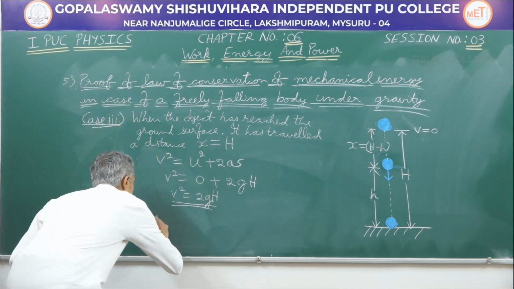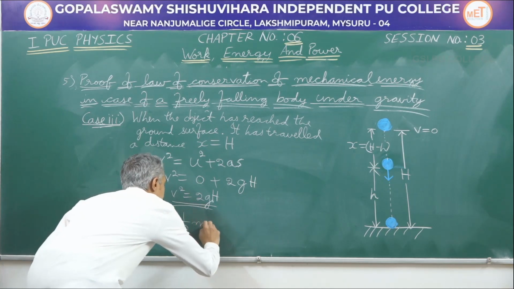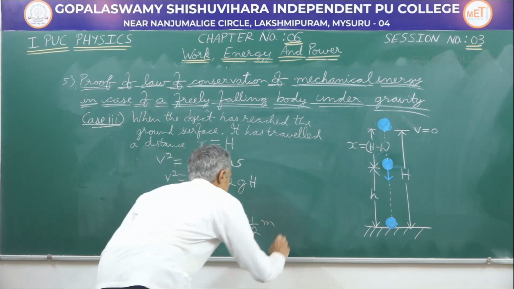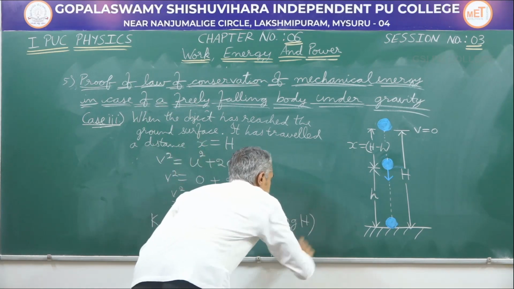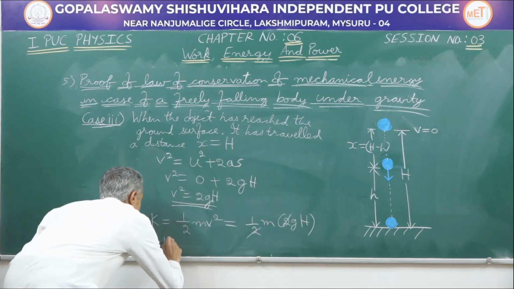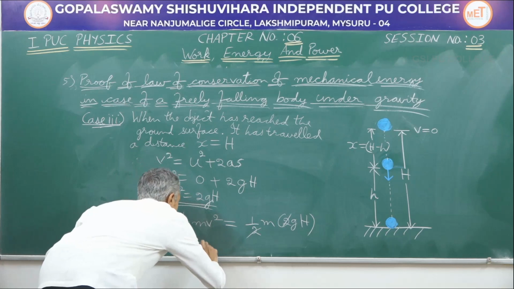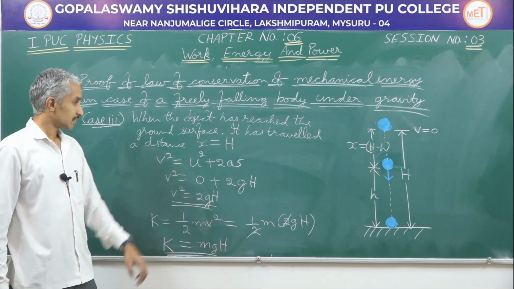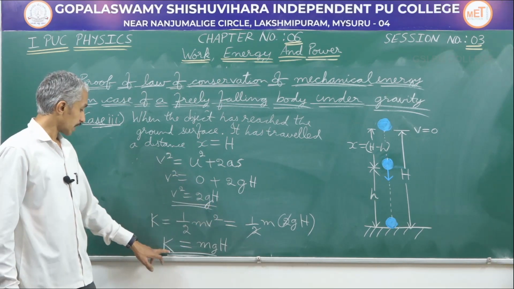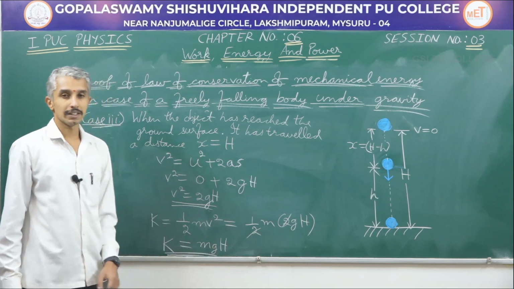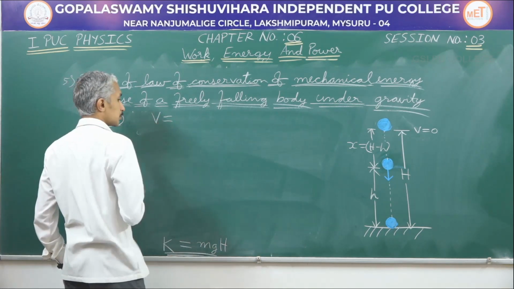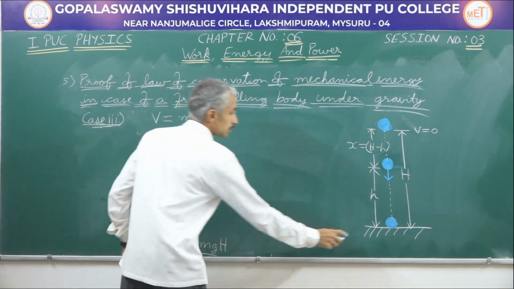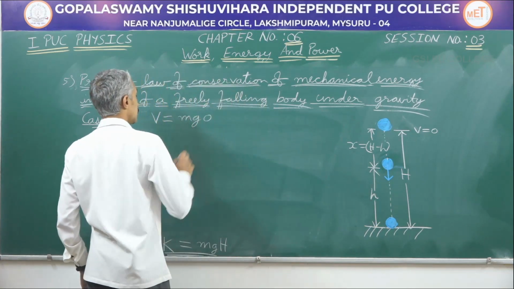Therefore, kinetic energy which is half mv square is now equal to half m into 2gH. So 2 and 2 get cancelled, and K is equal to mg into capital H. When the object has reached the ground surface, when it is hitting the ground, its kinetic energy is mg into capital H. Then the potential energy in this case is mg into the height, which here is 0.